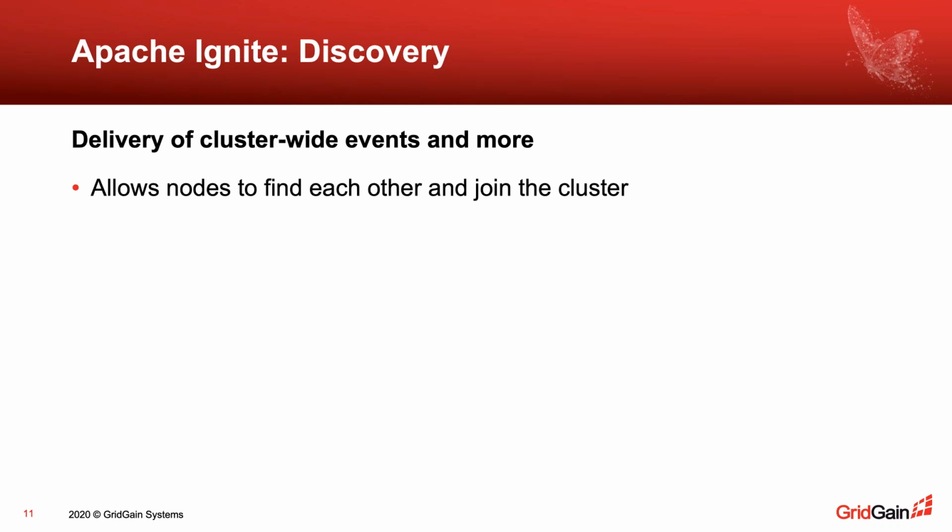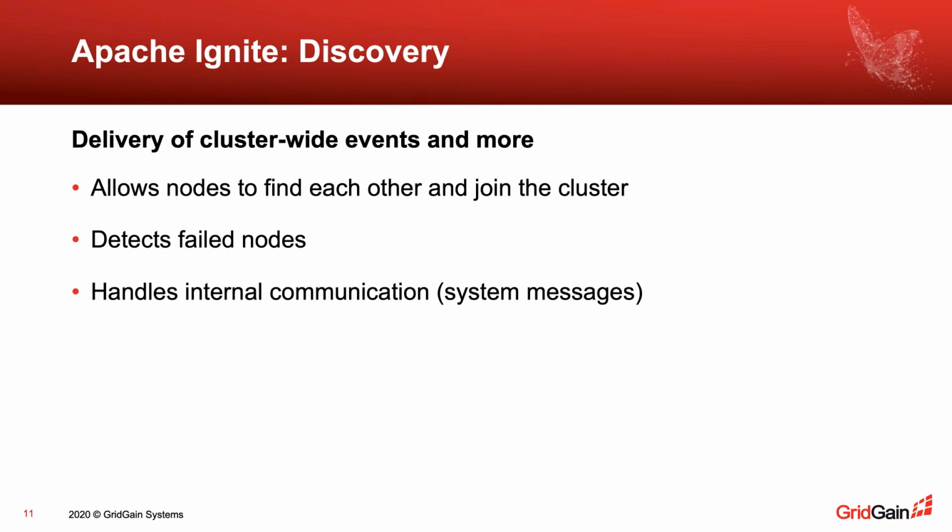And first of all, it allows our nodes to find each other and to join the cluster. Then it helps our failure detection and fault tolerance. And then, as I've said, it handles the internal communication, meaning not delivery of the user messages, but delivery of the system messages which are required for Apache Ignite operations.